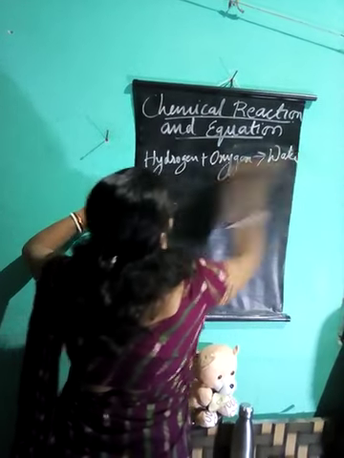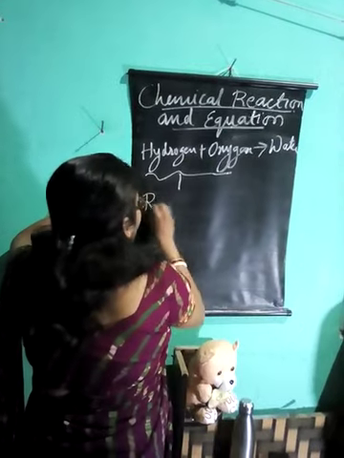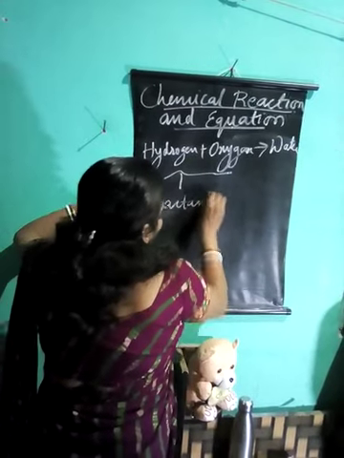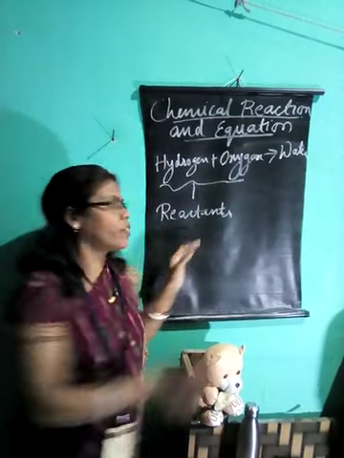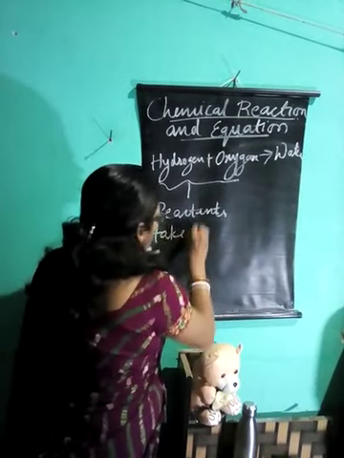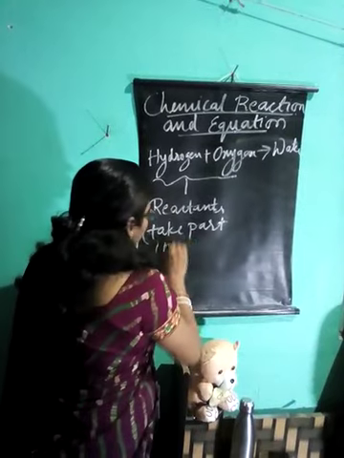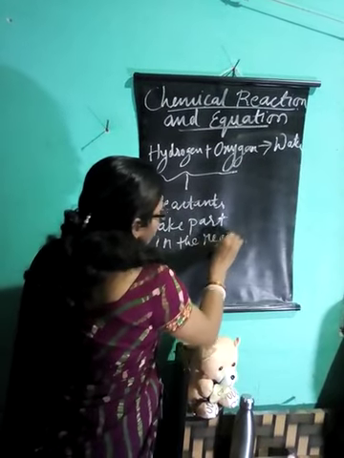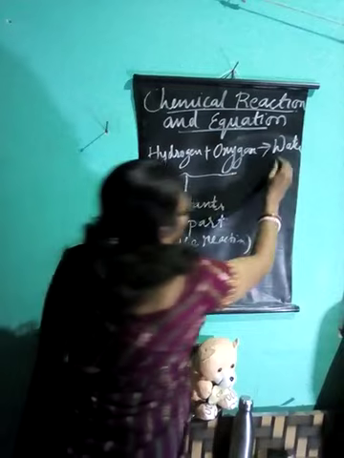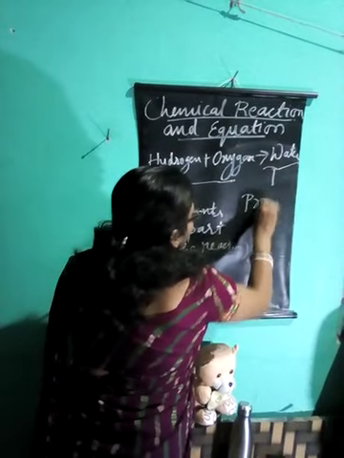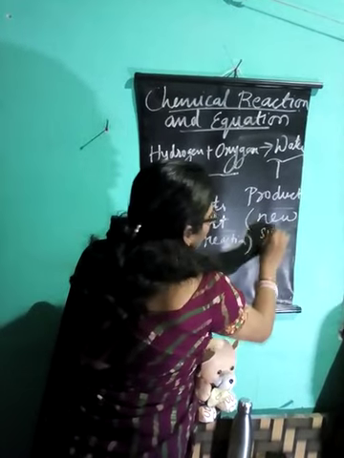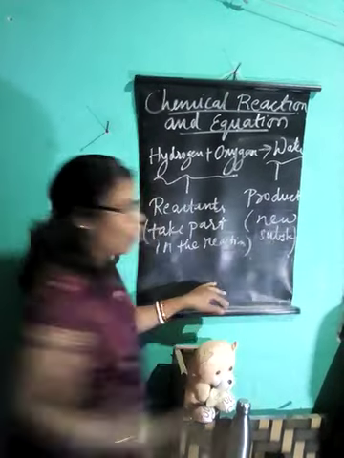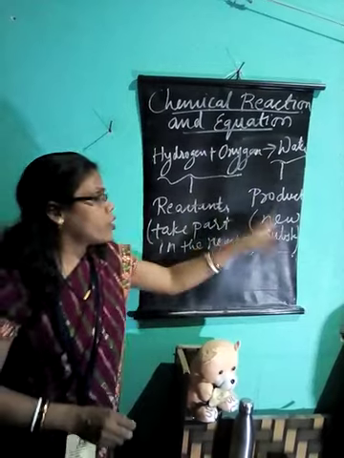Now hydrogen and oxygen, what are they? They are reactants. Reactants are the substances which take part in the reaction. And water is your product. It is the new substance obtained, the new substance which is formed after reaction. It is water and that is called the product.